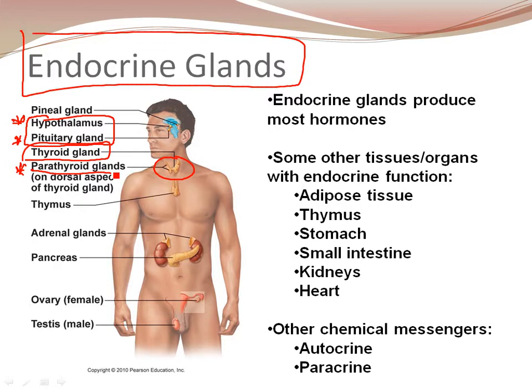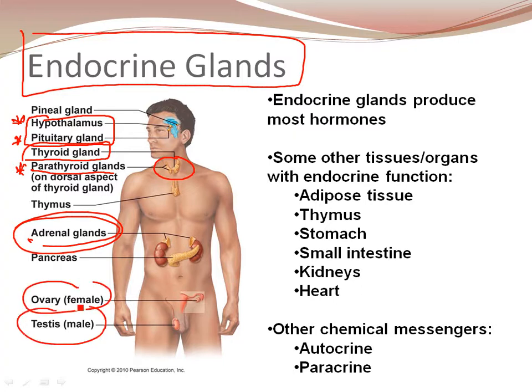You've already learned about that in Biology 201 when you studied the skeletal system. That hormone is crucial for proper calcium homeostasis. Hopefully you remember that as well. The adrenal glands, little hat-shaped glands that sit on top of the kidneys, produce several different hormones that are very important for various aspects of homeostasis.